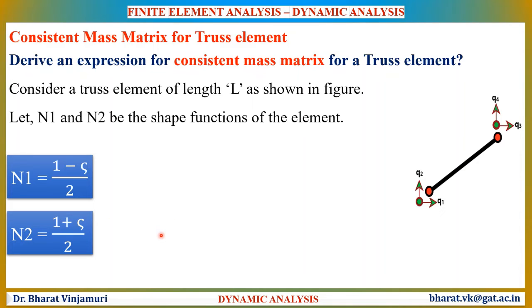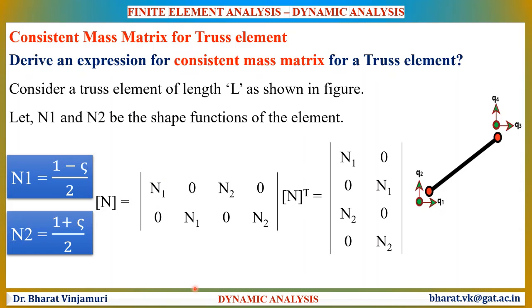Since the degrees of freedom of the truss element will be more than the bar element, the shape functions in matrix form can be represented by the following equations. The transpose of the shape functions is represented by the following equation.